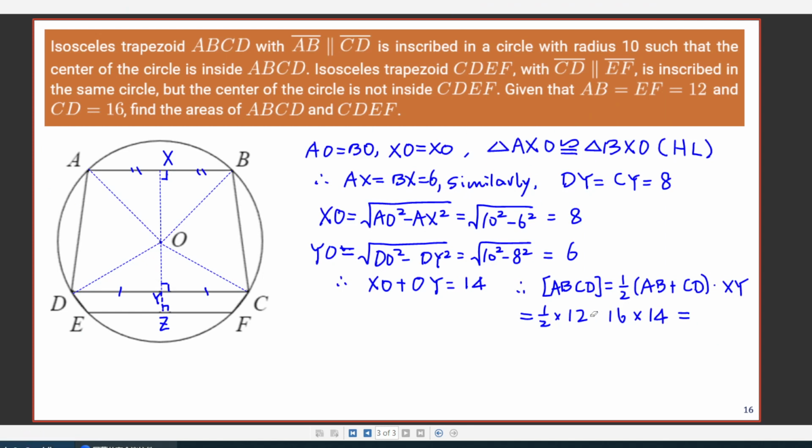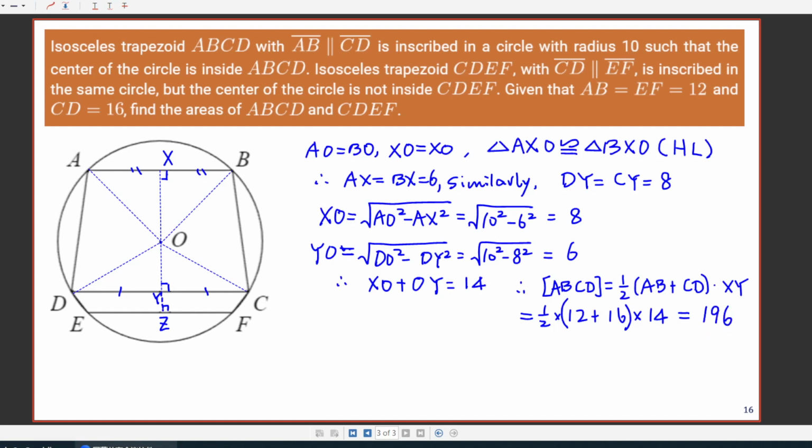Sorry, there should be a plus sign here. And that area is 196.